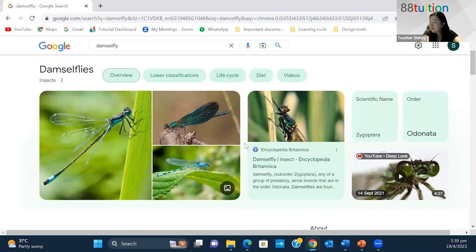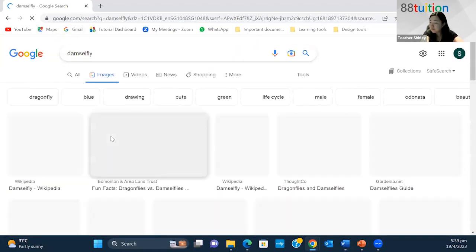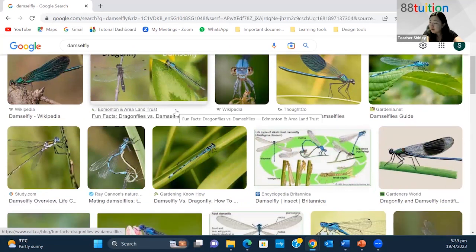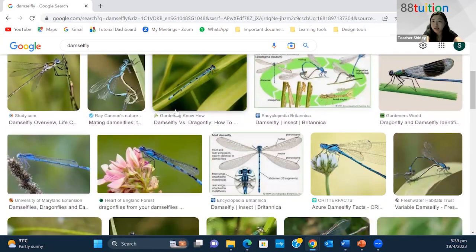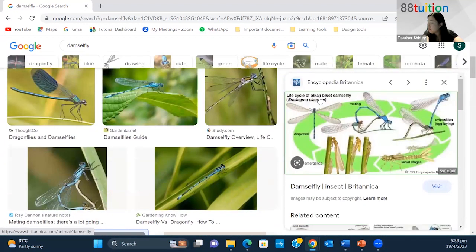Can you see it? Yeah, so this is a damselfly. So same thing, the damselfly's life cycle is egg, then nymph, the damselfly nymph, it's just like dragonfly nymph, then adult. Okay, so this one.